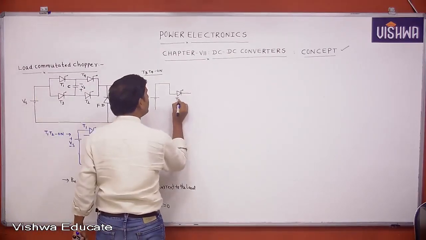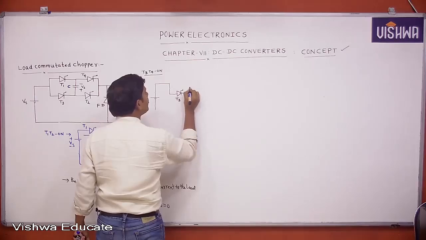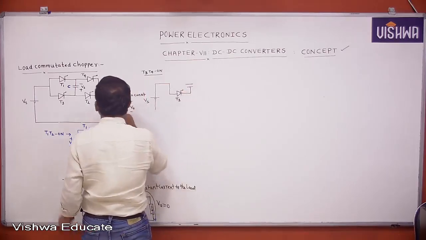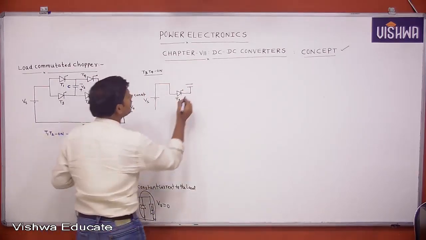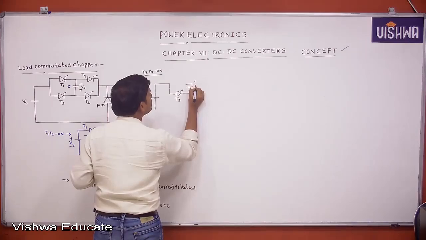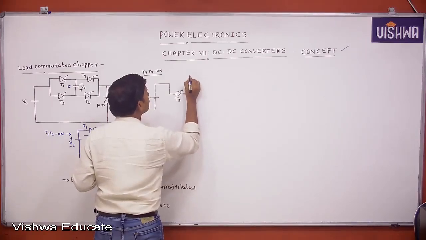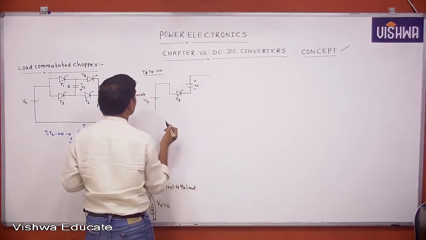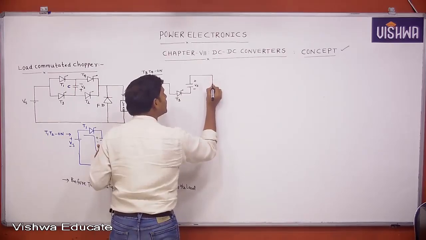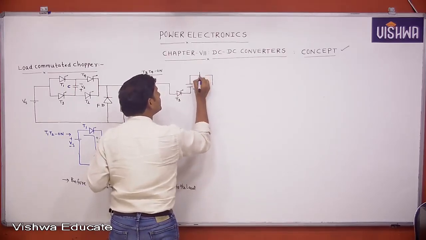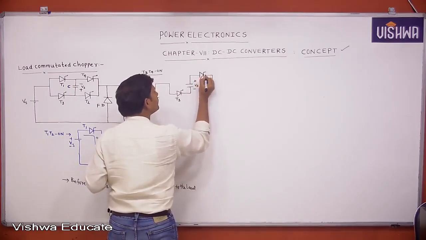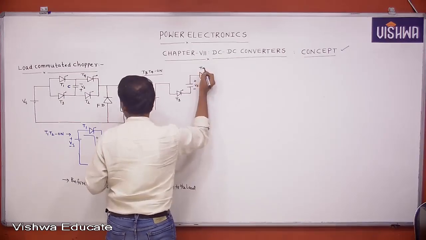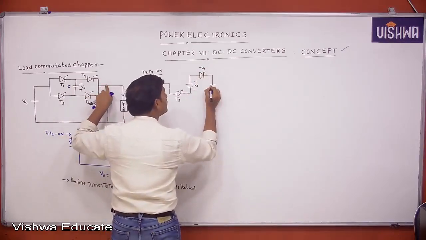At the time of turn on of T3, T4, what is the polarity? This is negative, this is positive, Vs. And this is the load. T3, this is T4.